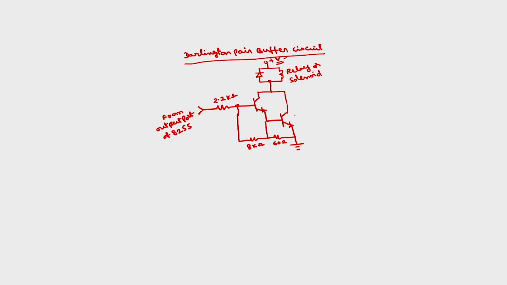Using this configuration, which is called the Darlington configuration, we can obtain a beta value of 1000, and thereby the current capacity is also more. Now, if you want to further increase the beta value and want higher currents, we can go for MOSFET circuits.